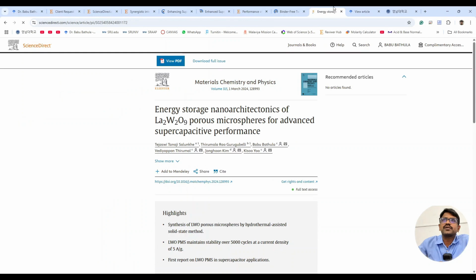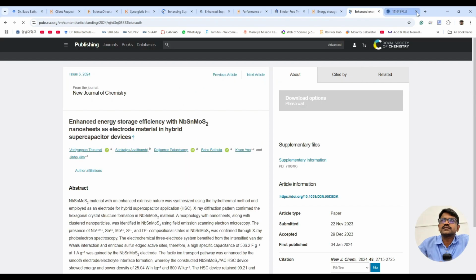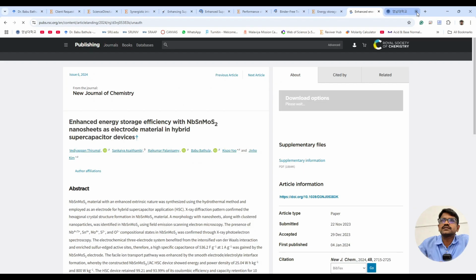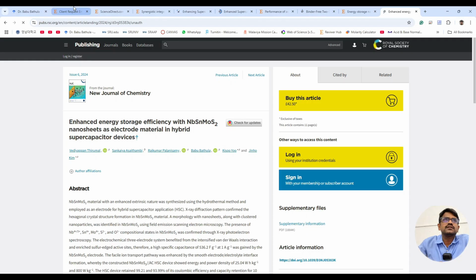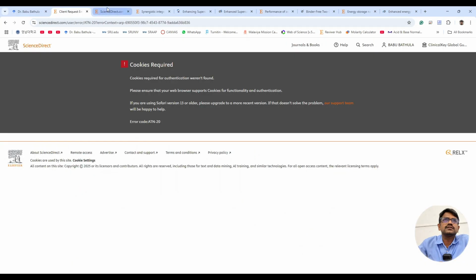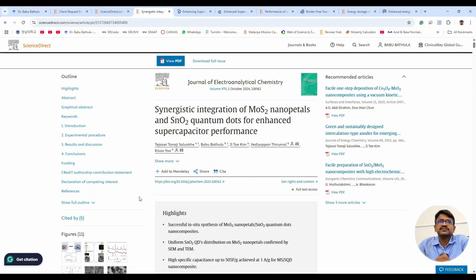I have prepared some metal oxides and some metal sulfides. For example, this one was published recently in 2024.